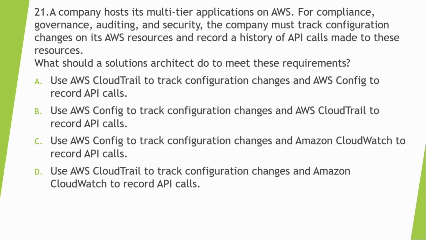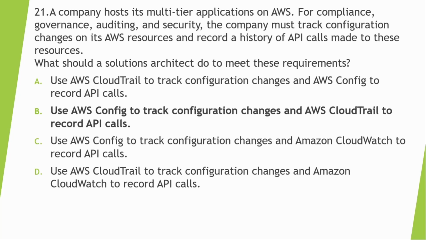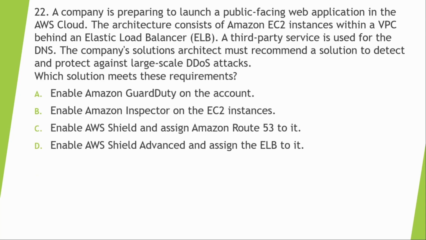No, you do not use CloudWatch to record API calls; you use CloudTrail. Last option, use AWS CloudTrail to track configuration changes. No, we have already seen this in the first point. So the correct answer to this is the second: AWS Config to track configuration changes and AWS CloudTrail to record API calls. Coming to the next question.